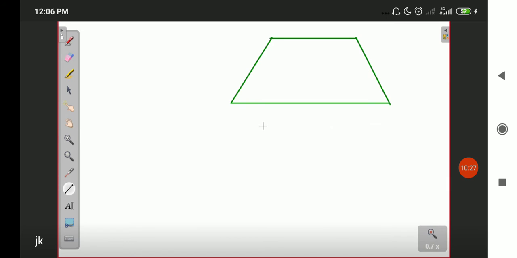In the third part, the question is asking us to prove that triangle ABC and triangle DBC are congruent.